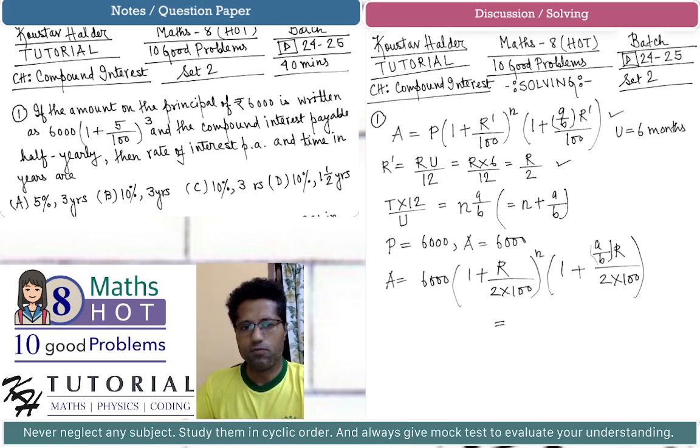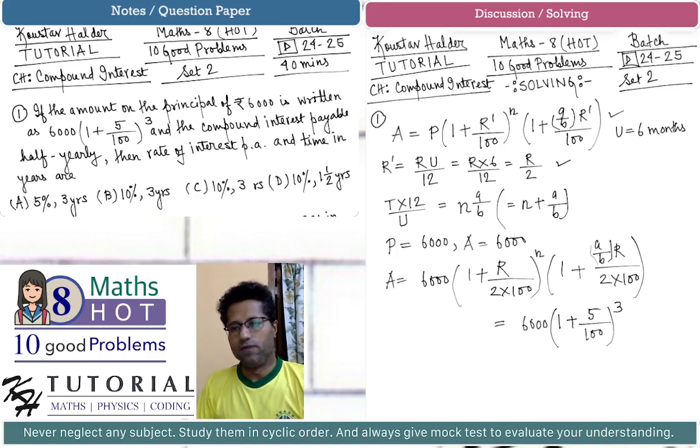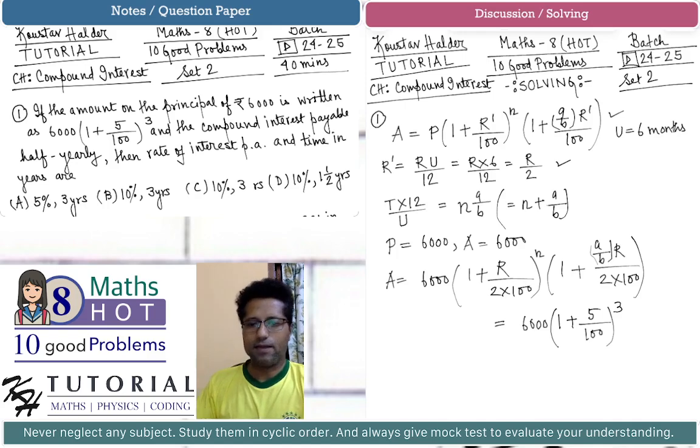But this is given to be equal to 6000 multiplied by 1 plus 5 by 100 to the power 3. Now definitely we can say that since in the given formula for the amount we are having only 6000 multiplied by 1 plus 5 by 100 and this power 3, this term from the general formula must be 1.